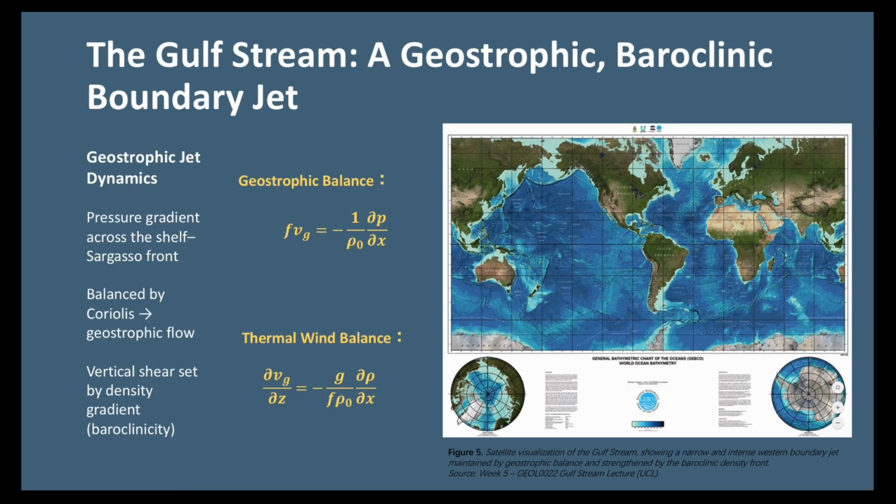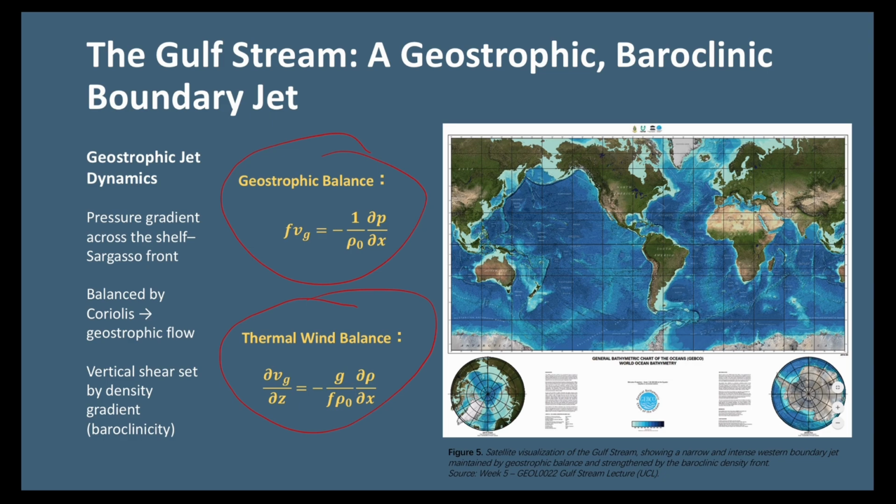Figure 5 shows the satellite image of the Gulf Stream. The first relationship here is pressure gradient balanced by the Coriolis force, which is geostrophic balance. The current flows along the lines of pressure because these two forces match each other. The second relationship is thermal wind balance.